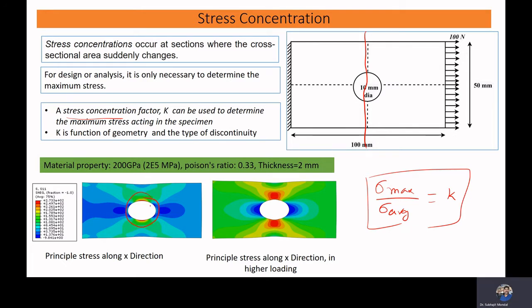Once we know what type of hole we have, whether a circular hole or an elliptical hole, depending on that we can find the stress concentration factor. Once we find it, we can find our maximum stress, which is our primary interest for design, so that we can apply some factor of safety there.